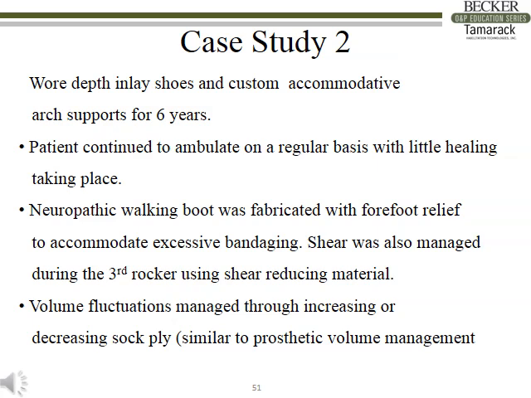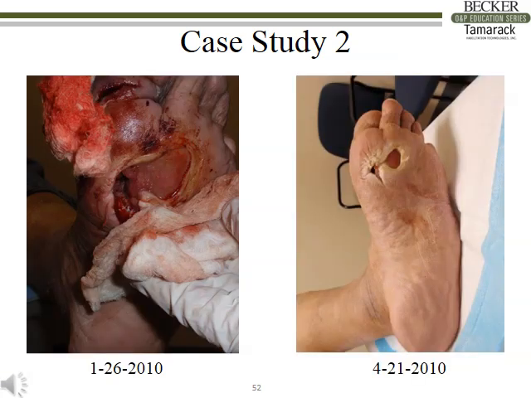Volume fluctuations in the lower extremity were managed through increasing or decreasing sock ply in the same way as a prosthesis manages volume. These photos document healing occurring while using the custom neuropathic walking boot, as of this writing covering an approximate 4-month time period. Treatment is continuing.